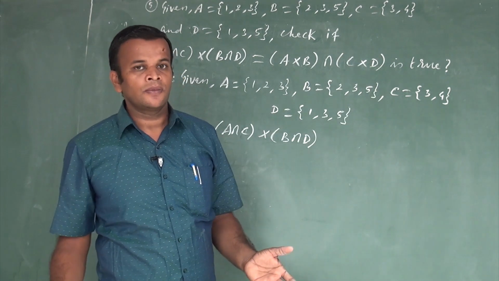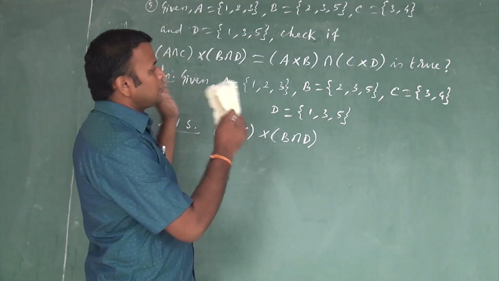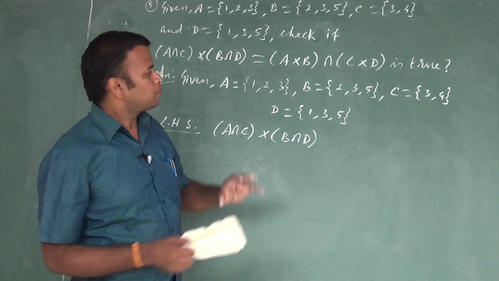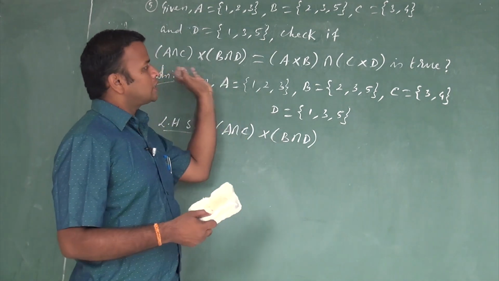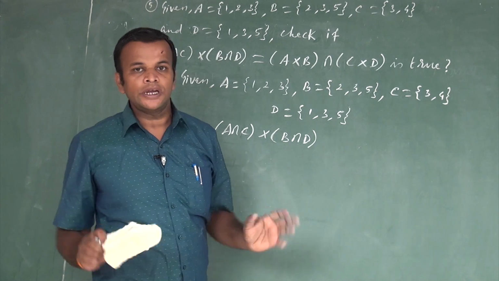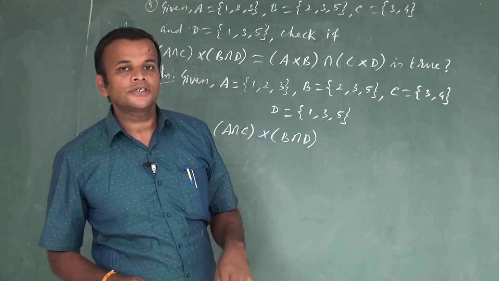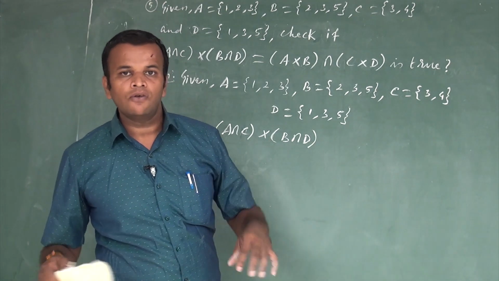It's not a proof sum. Now we check whether both are equal or not. Suppose both are equal, we come to the conclusion the given one is true. If it is not equal, we conclude the given one is false.